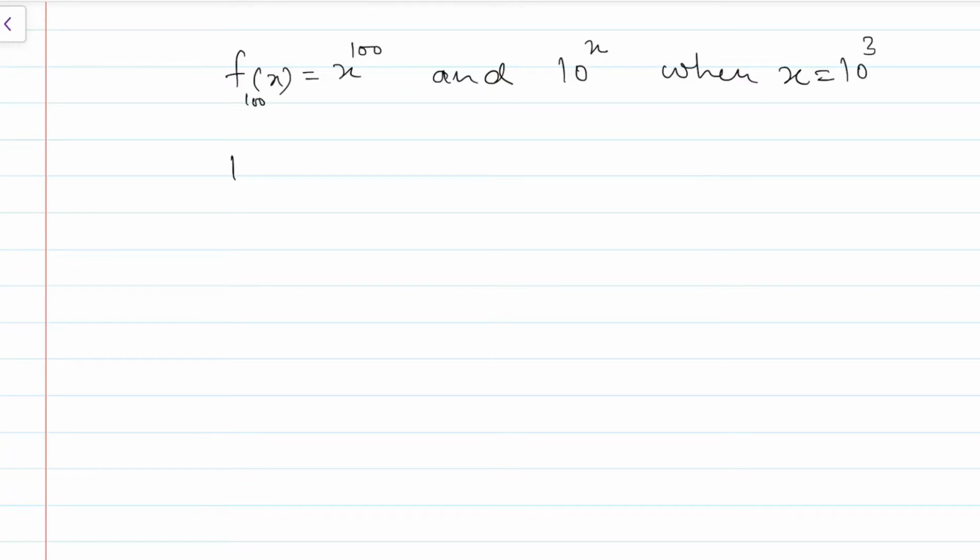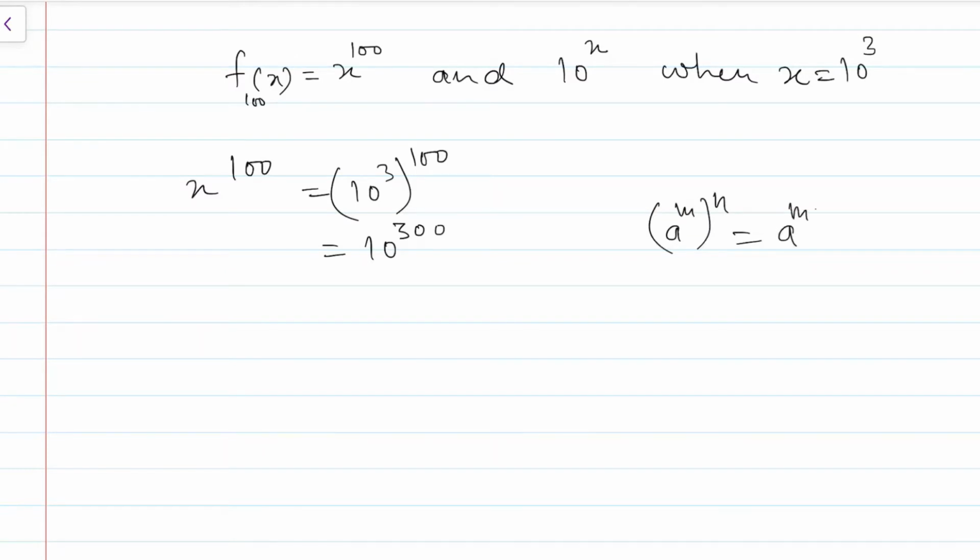So let us first find the value of x to the power 100. The value of x, 10 cubed, raised to the power 100 is equal to 10 raised to the power 300, since a raised to the power m whole power n is equal to a raised to the power m into n. This is the value of f_100(x).